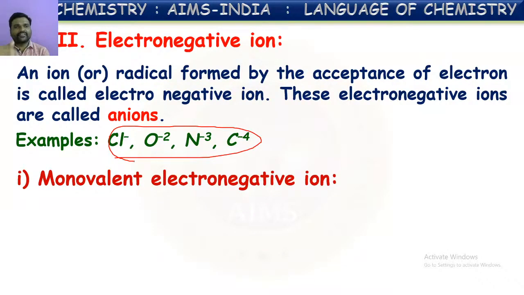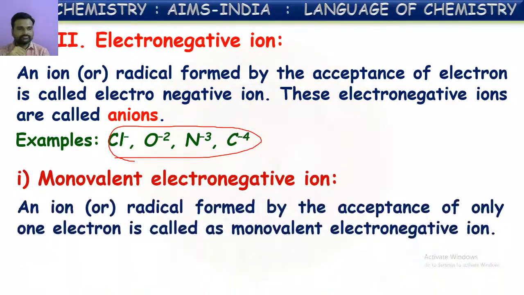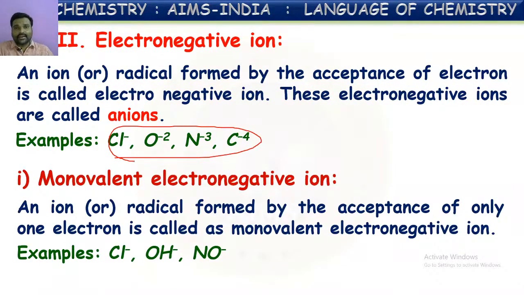Now, the different types of electronegative ions. First among them is monovalent electronegative ion. An ion or radical formed by the acceptance of only one electron is called as monovalent electronegative ion. For example, we see chloride ion, Cl minus ion, OH minus ion, NO3 minus ion.